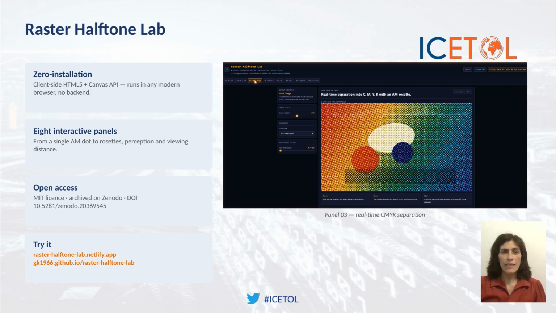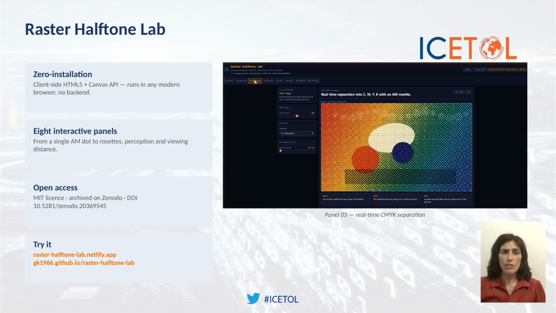So let me introduce Raster Halftone Lab. It's a zero-installation, client-side web application built with HTML5 and the Canvas API. It runs in any modern browser with no backend and nothing to install. You simply open a link.